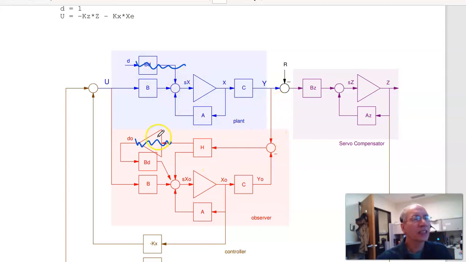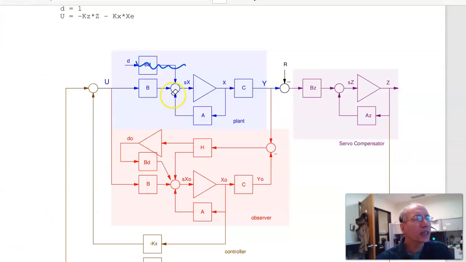To fix that, I need to add a constant to the observer. That models the plant plus the constant disturbance. Once that tracks, I can then feed back the observer states, then track a sine wave, reject a constant, and it should all work together. So that is test number 2.